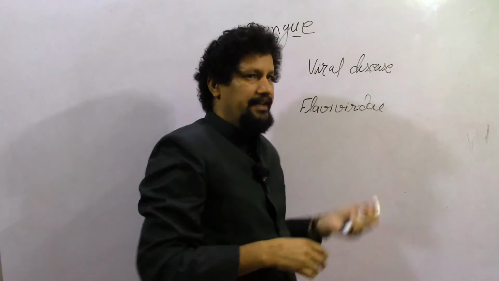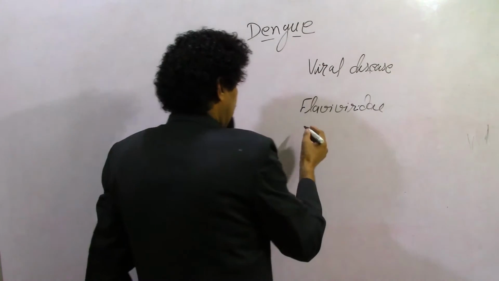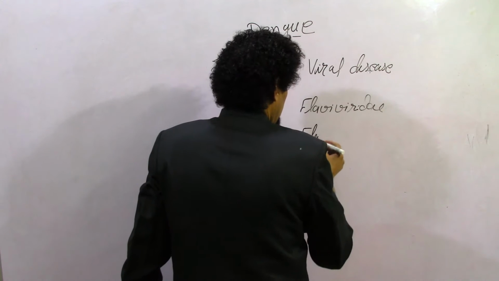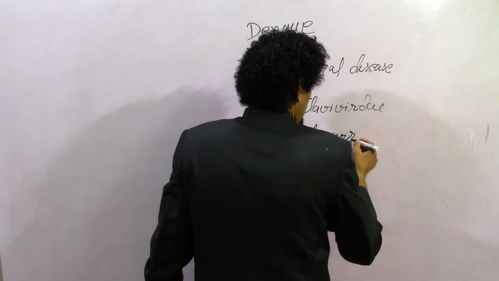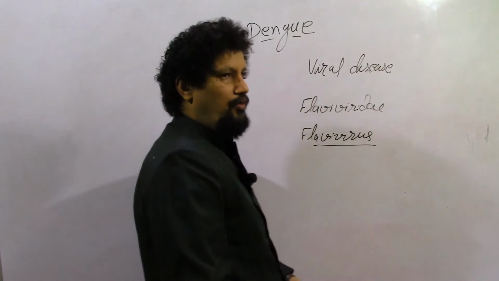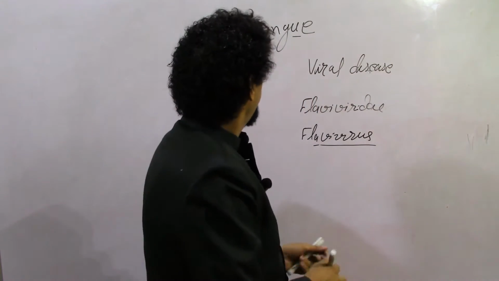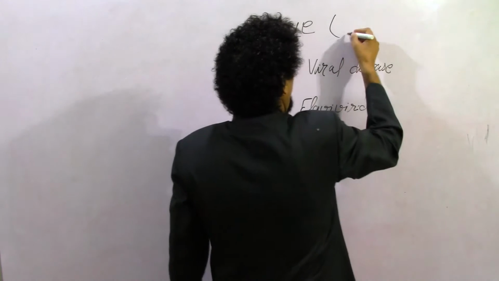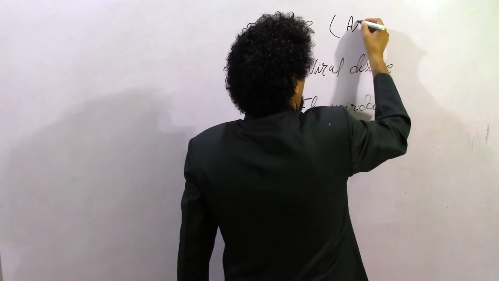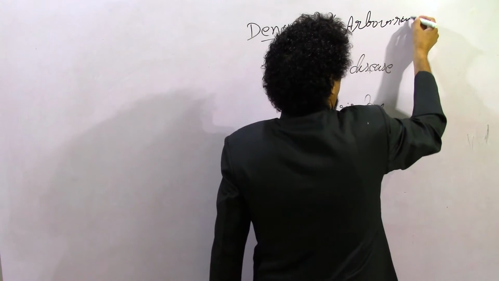Dengue virus is a virus of the Flaviviridae family and the genus is Flavivirus. There are 4 serotypes or subtypes of the dengue virus. This is an arthropod-borne disease, an arbovirus disease.